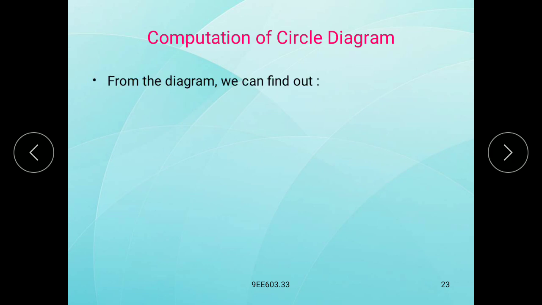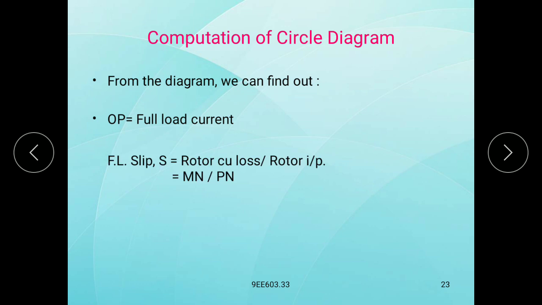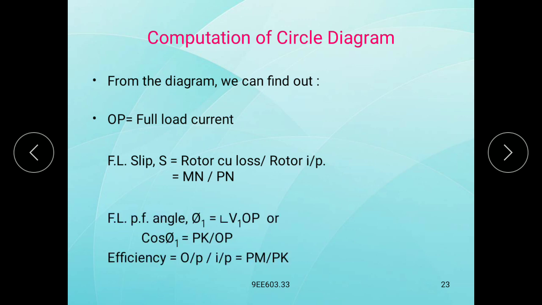On the diagram, we can find OP is equal to full load current. Full load slip S is equal to rotor copper losses by rotor input, that is MN by PN. Here the full load power factor angle phi 1 is equal to angle VOP, or cos phi 1 is equal to PK by OP.